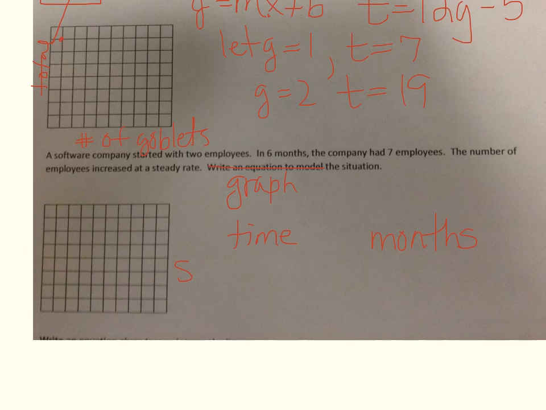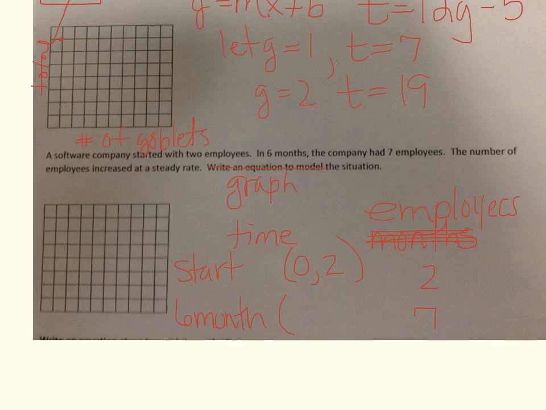So when I started my company, I had 2 employees, and then 6 months later, I had 7 employees. Well, if I wanted to represent a start time, that would be 0, and the number of employees, don't pay any attention to me, this should be employees, I'm so sorry, is 2.